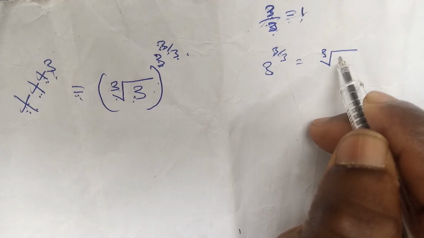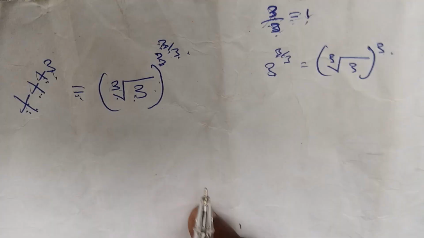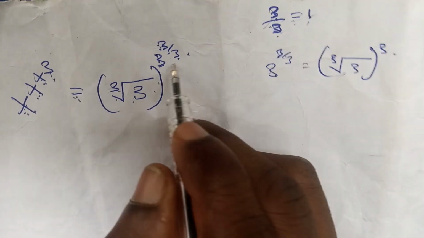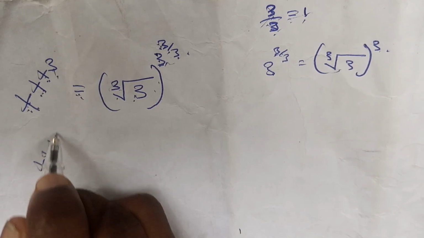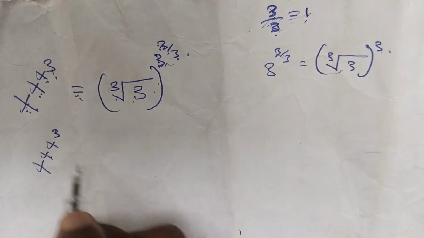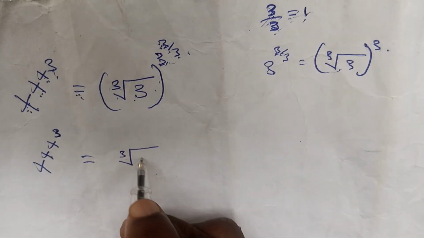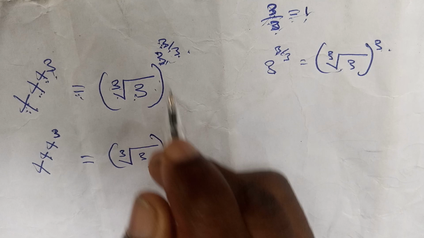So since we have gotten this, we can apply this at this stage. We are going to have x to the power of x to the power of 3 is equal to the cube root of 3 to the power of 3, so instead of writing the whole of this, we can write this.